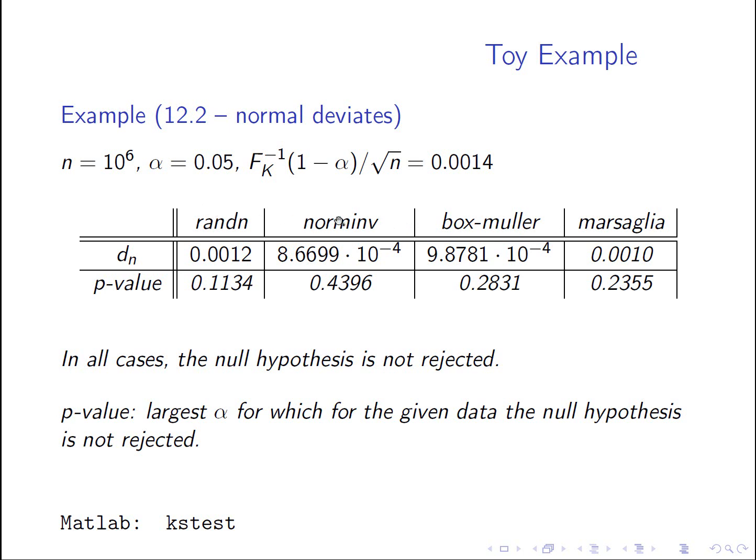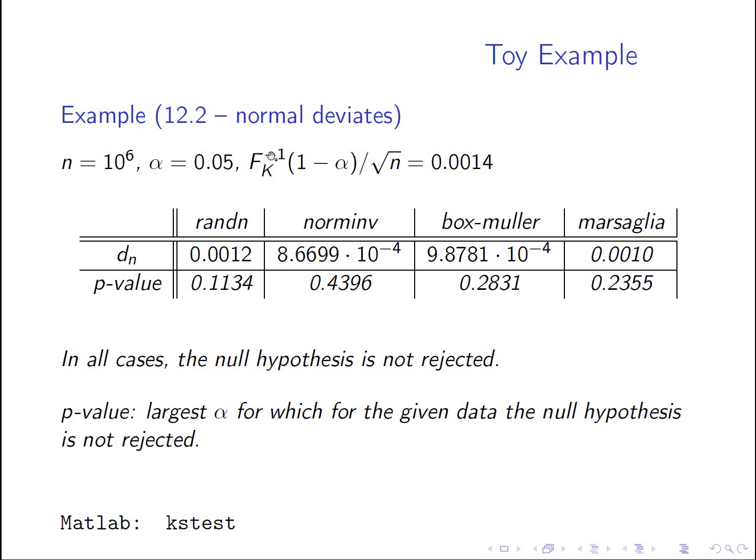Here we have the four methods we had: randn, the MATLAB built-in, the polar method, Box-Muller and Marsaglia. For all I created 10 to the power 6 samples. Alpha is chosen 0.05.